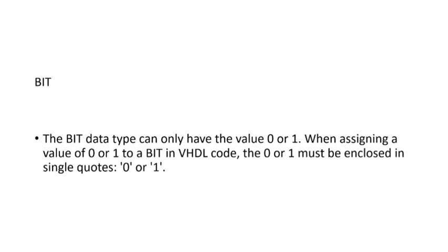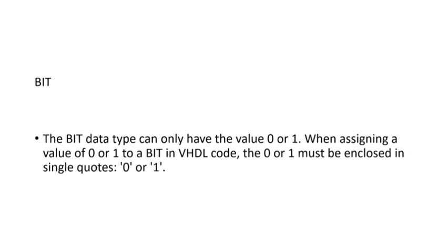If you are defining a variable as bit, you can only assign 0 or 1, and the 0 or 1 must be enclosed in single quotes. Generally, we give the value by enclosing it in single quotes. We have actually seen how to define a variable as bit when doing the entity of an AND gate.